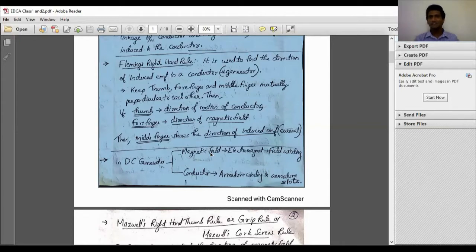Clear? If I give a supply to the conductor, then current will be flowing through the conductor. Wherever the current flows, around the conductor there will be a magnetic field. Even if I remove the supply, the magnetic field will exist for some more time.